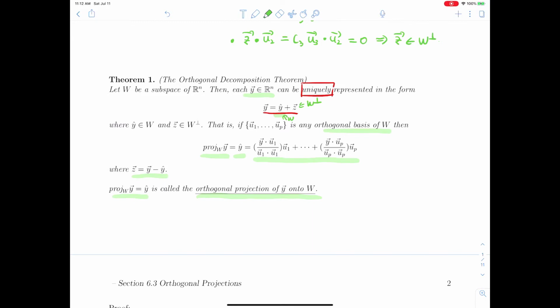So let's see why this has to be true. We have to show two different things. First of all, we should show whether we can decompose y into y hat and z. I will call that the existence of decomposition. So we have W equal to the span of u1 through up.